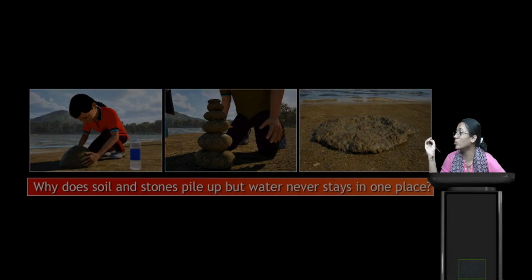So why is it happening? Why do soil and stones pile up? We can pile them up, but if we pour water somewhere, will it pile up? No, right? So why can't water be piled up? Have you ever wondered? In today's class, we are going to discuss these things.